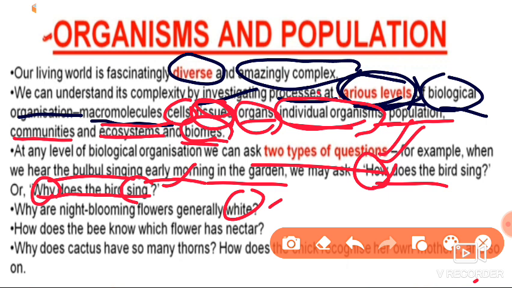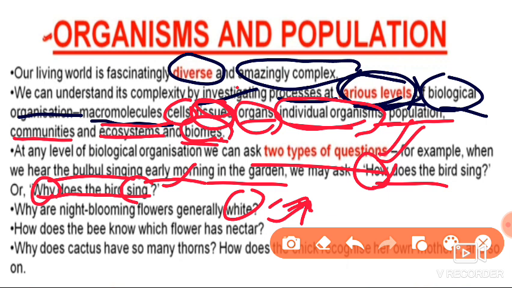When it comes back to the hive, it starts dancing. Through the dance in front of the other bees, it gives an idea about the direction of the nectar and how far it is from the present place. That is how they identify the nectar and everything.